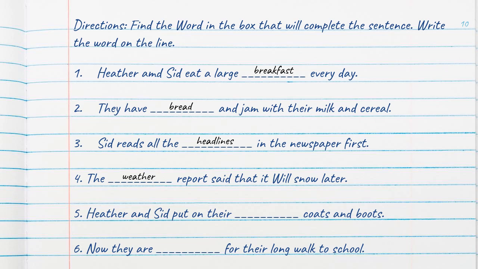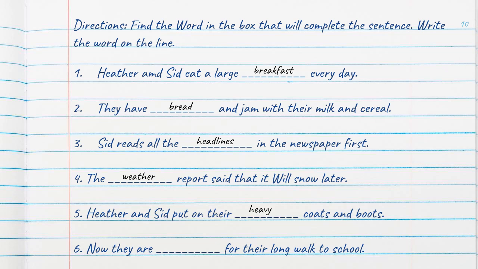Number 5. Heather and Sid put on their coats and boots. When you are cold and you put on coats and boots, you want them to be heavy, right? So it could be a lot warmer. So they put on their heavy coats and boots.